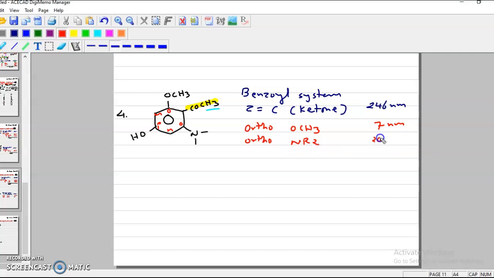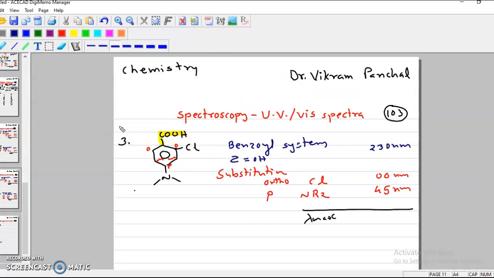For that we will add 20 nanometer. It is given. At meta there is nothing, but at para position we have OH group, and if there is OH group at para, we will have to add 7 nanometer. So make a total of this, and that will be lambda maxima for this one. Okay, so this way we can calculate lambda maxima.